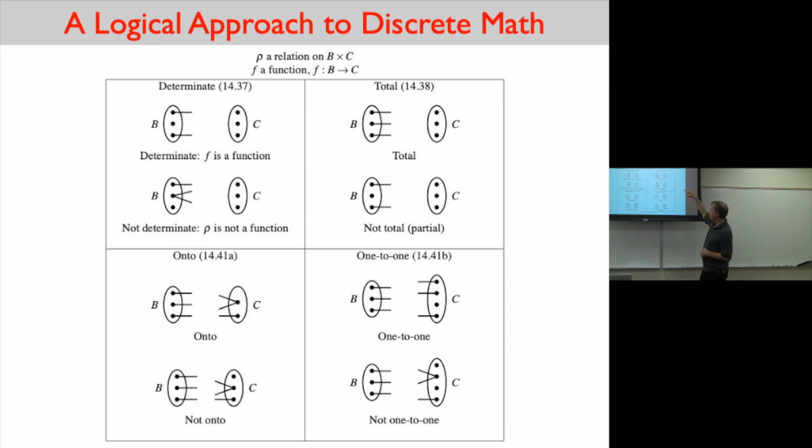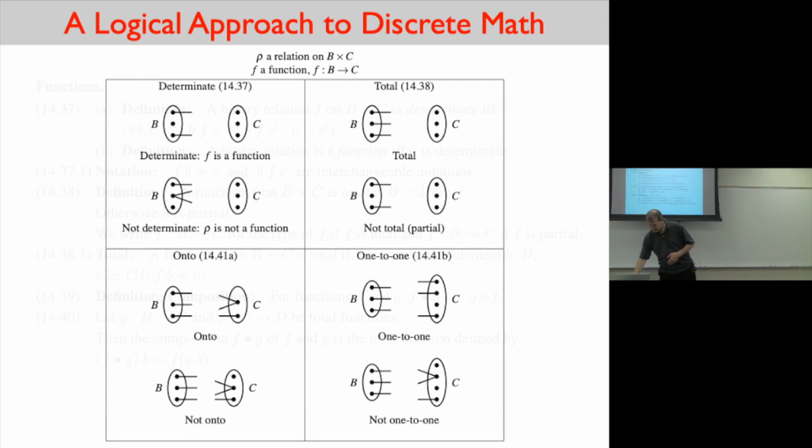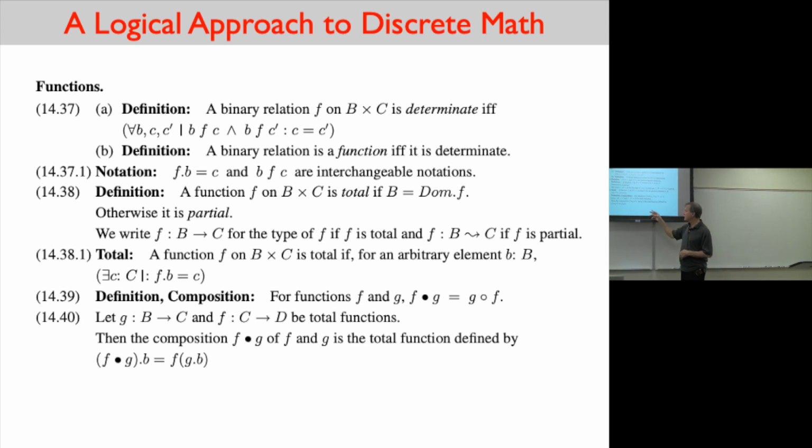Total means all the elements are used in the domain. By our definition, it's b equals domain of f. On the other hand, 14.38.1 says for an arbitrary element b in the domain, there exists a C in the range such that there's a mapping to that.